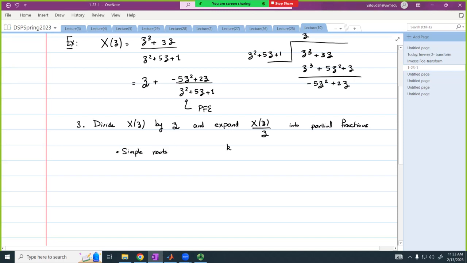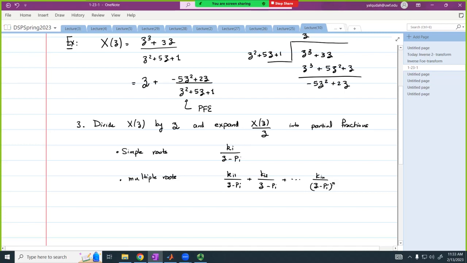Okay. So when we do partial fraction expansion, we can have simple roots, and therefore we're going to expand them as ki over z minus pi, or we can have multiple roots or repeated roots, and in this case we're going to expand them as ki1 over z minus pi plus ki2 divided by z minus pi squared all the way to kin divided by z minus pi to the power of n. Remember that?